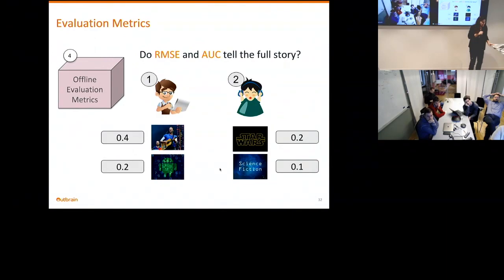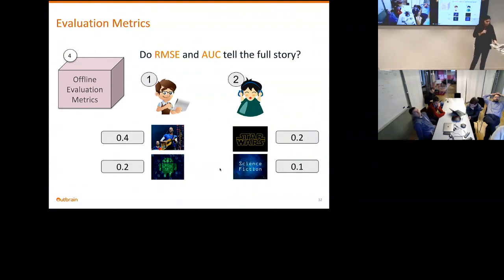Okay, so the example is as follows. We have 2 users, user number 1 and user number 2. Now we have our first model, our first algorithm. What it did was recommend 2 recommendations to user number 1 and 2 recommendations to user number 2, and it assigns scores to each one of the recommendations.